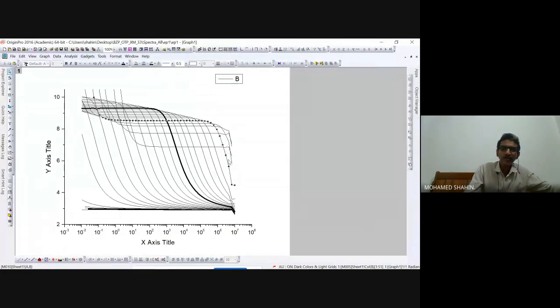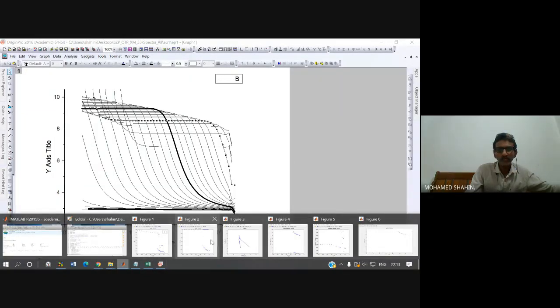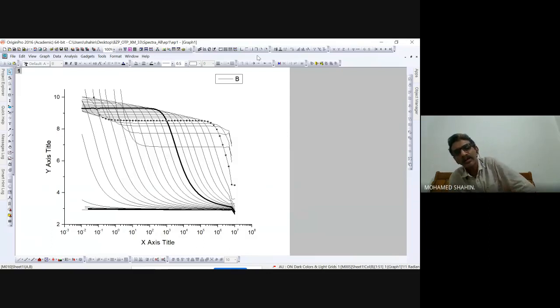But since we don't have data, it will randomly go to some value similar to this. So in this situation, you have to bring all these points here and fix it, because fixing is the only way to make the fitting more meaningful. Otherwise, you will get some junk value.